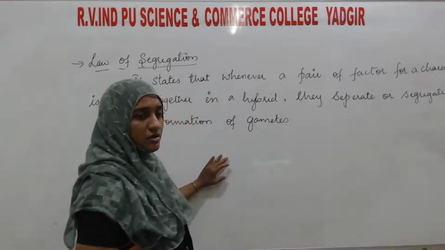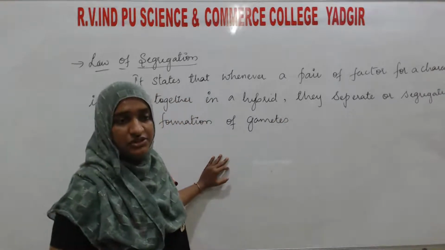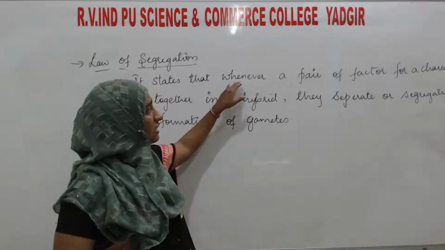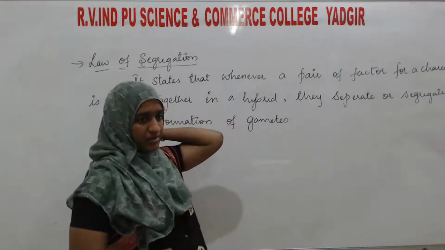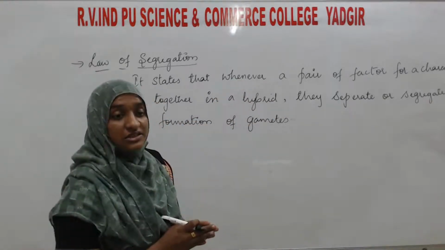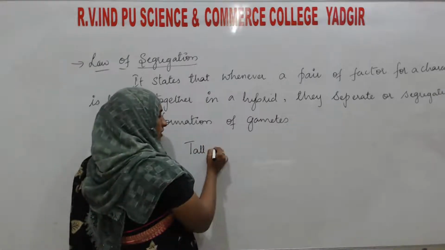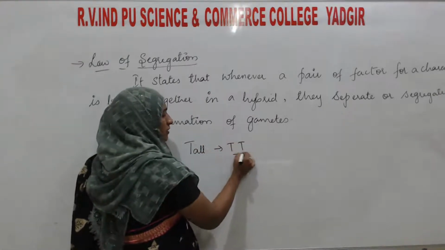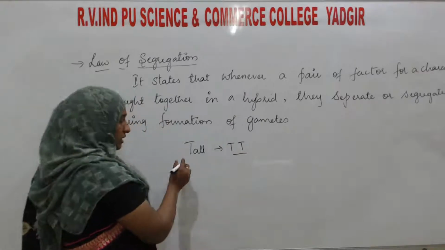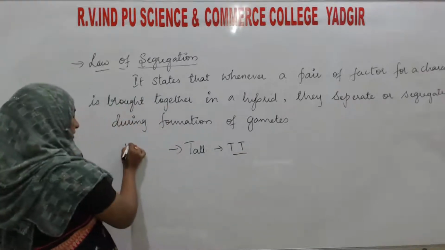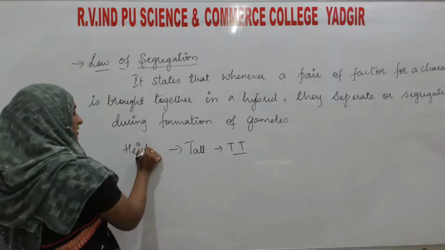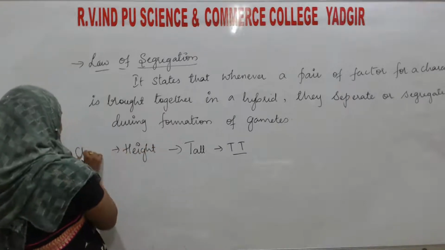So here, what this law of segregation states is, whenever a pair of factors, for example, factor means the genes. For a particular character, tall, this is a pair of factors. What is tall? This is one of the heights. Height is the character.